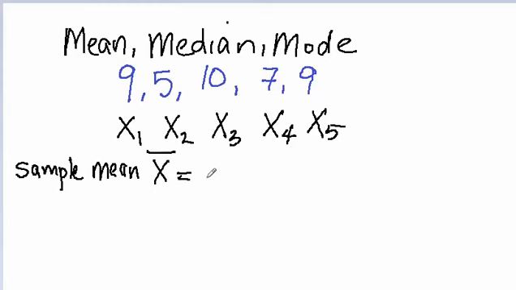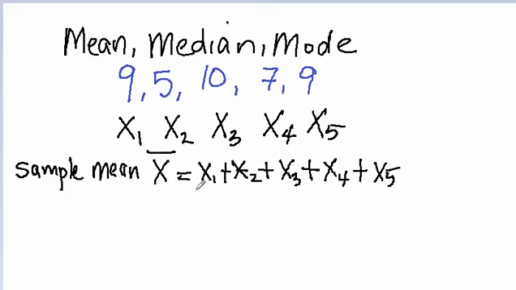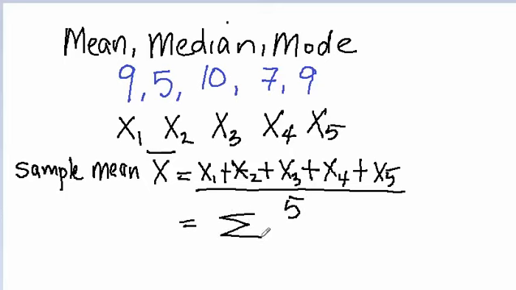X bar is equal to x1 plus x2 plus x3 plus x4 plus x5, divided by the number of people that took the test, divided by 5. And the way you write that kind of formula in statistics is the sum of xi, you sum all these numbers and divide by the number of observations.